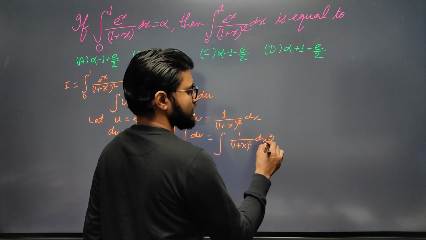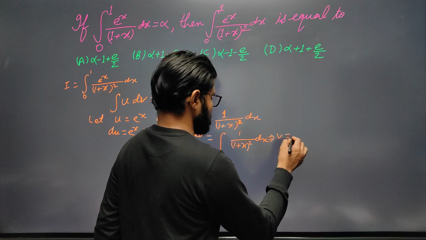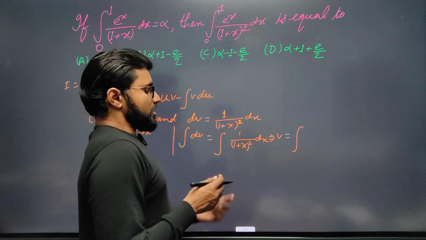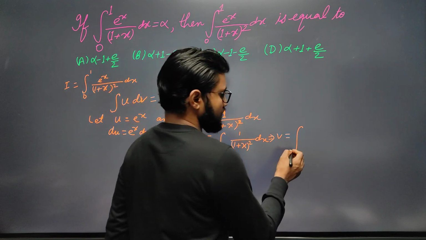From here, if we integrate dv, then it becomes v. So v equals the integration of (1 plus x) to the power minus 2 dx, taking the denominator to the numerator.